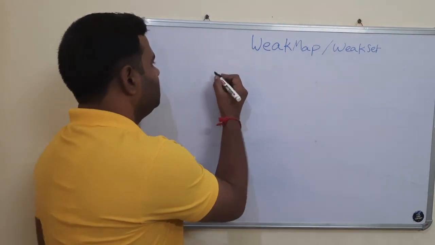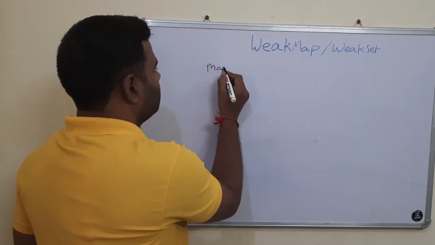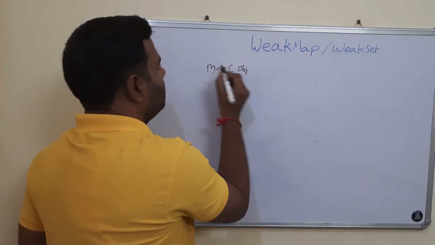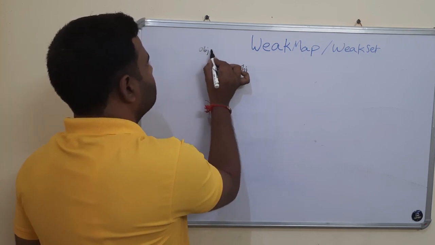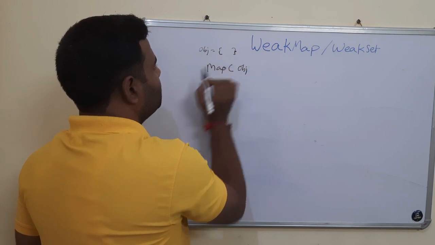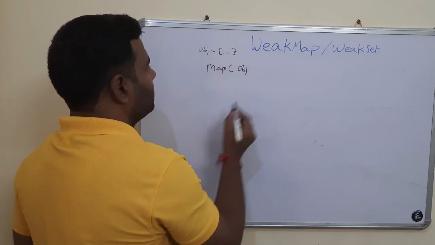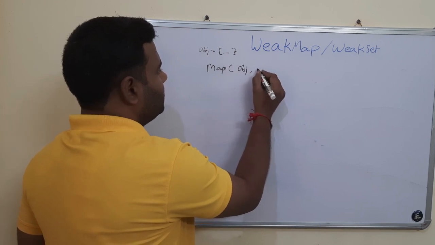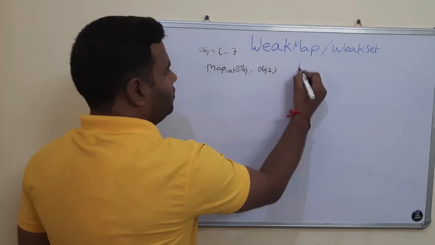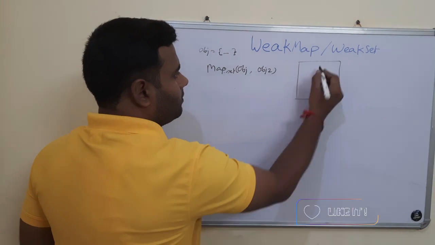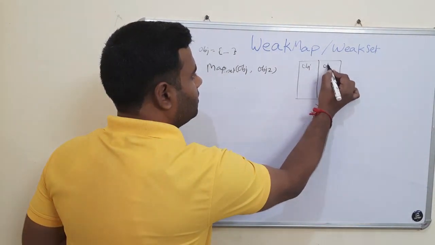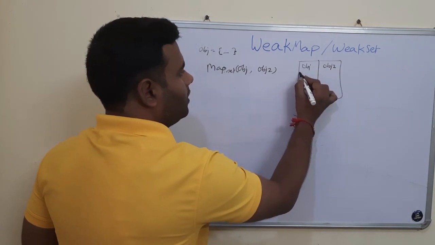Consider there is a map which has a key, let's say some object. You can consider an object as any JavaScript object having some keys, and this is pointing to some other object. So in memory it will look like this: obj and obj2.